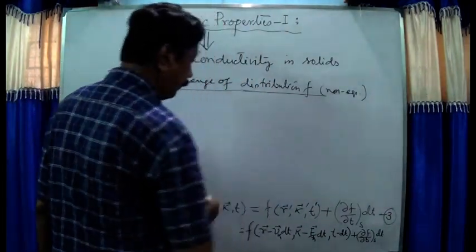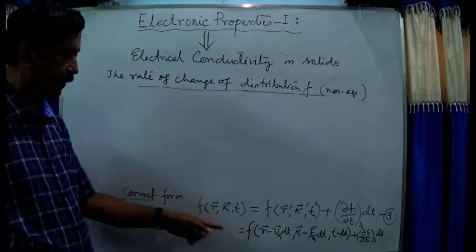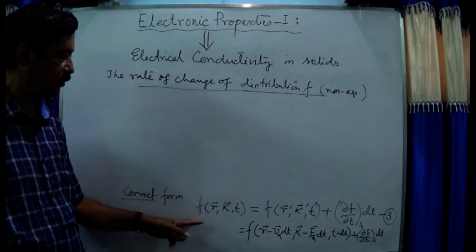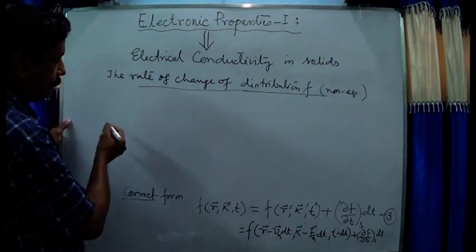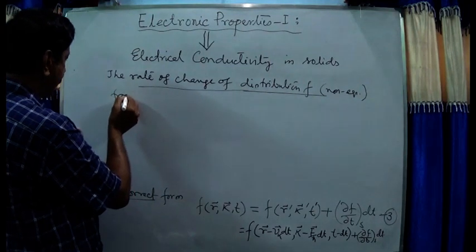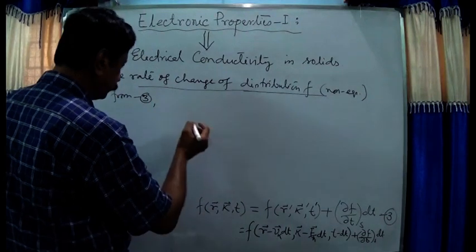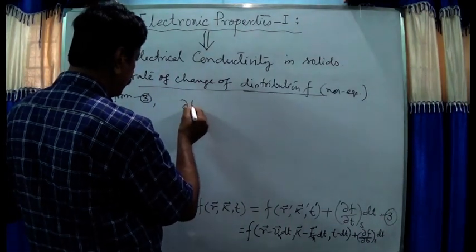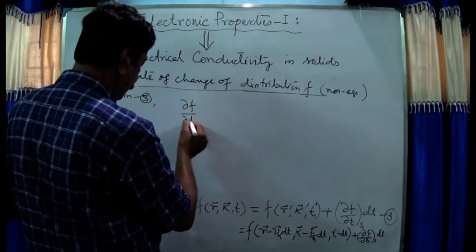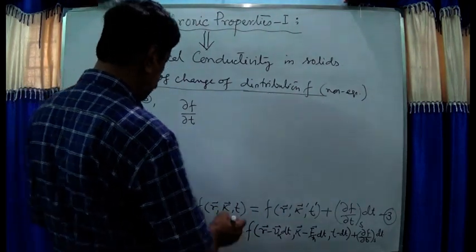To have this, we can make a time derivative from this equation 3. We can write easily. So from 3, del f del t equal to this much.